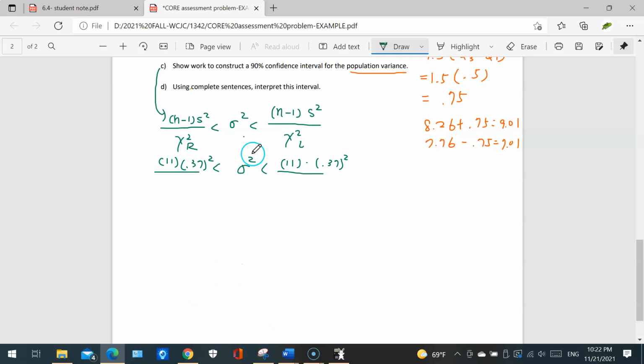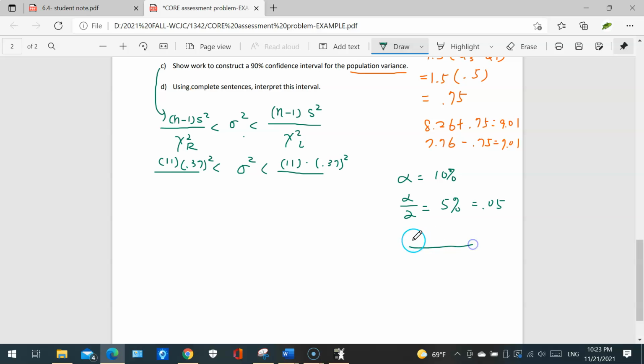Now, to find the chi-square values, using the chi-square table, we have to consider the alpha level. Alpha is 10%, right? And keep in mind, we always take half of the alpha when you do the confidence interval test, which is 5%. So this is 0.05.